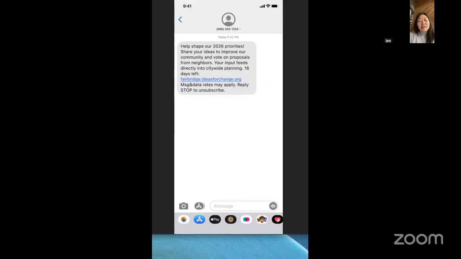But then I look at the link and it does look more legit than the other phishing messages I've received. It's not random letters. It says Fair Bridge. I'm assuming Fair Bridge is a city, so it does look like a more legitimate link. And if I had signed up for this or was expecting this text, then I wouldn't have any concerns.